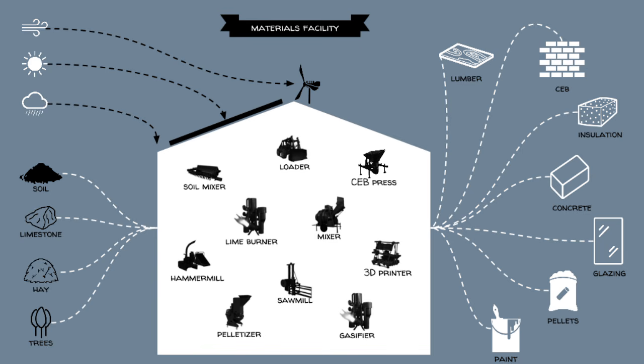So the feedstocks are soil, limestone, so that's rock, hay, biomass, trees, and then for energy, primarily solar. The solar concrete concepts, the solar steel concepts, or hydrogen as fuel, they all come from the idea that you're just using solar electric as the energy source for running those processes.